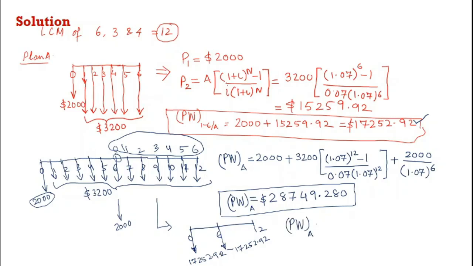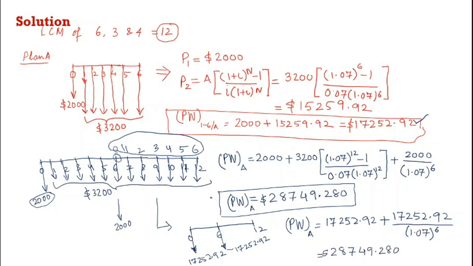And if I just compute the present worth by this, it comes out to be the same. Let's see. So this is already at the present point of time, 17252.92, and if I convert this to the present point of time, it will be 17252.92 divided by 1.07 to the power 6. If you compute this, this comes out to be again the same as what we are getting here, that is 28,749.280.